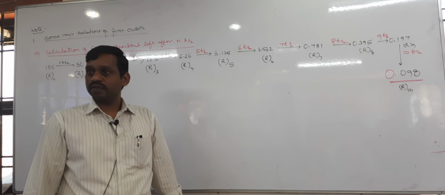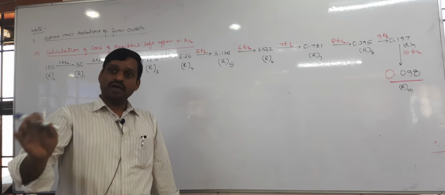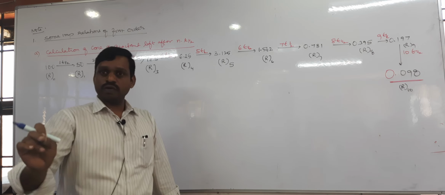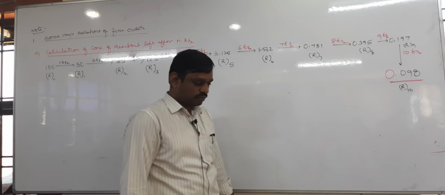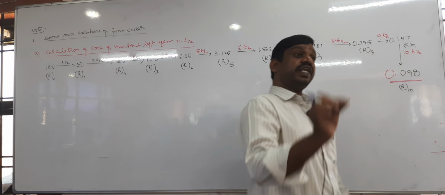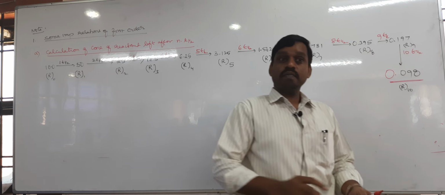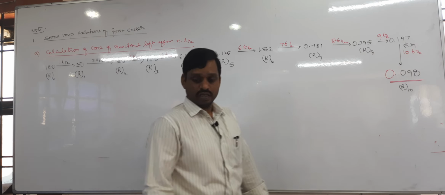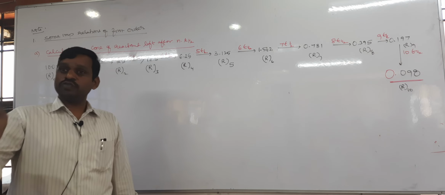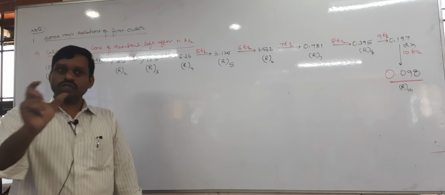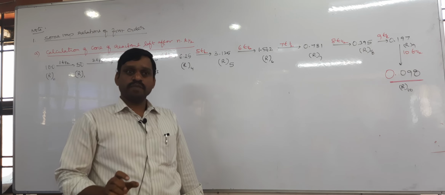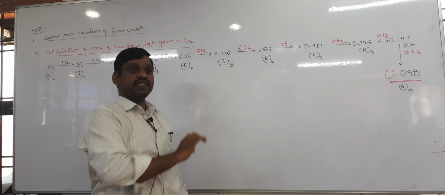Next, that is the second type of question. The third type of question: they may ask for t half by giving the total time. If the reaction follows first order kinetics, this must be known. If it is not first order, you cannot apply this.